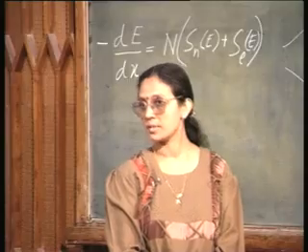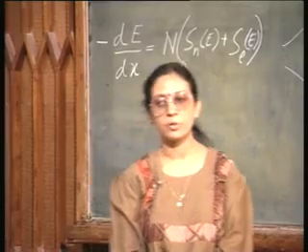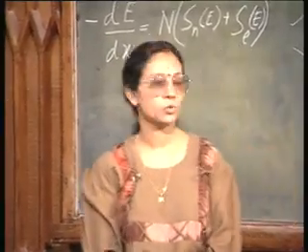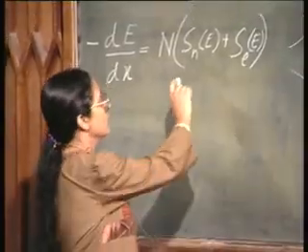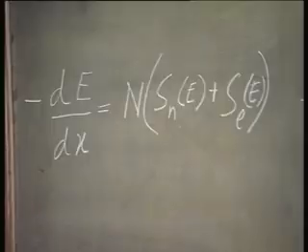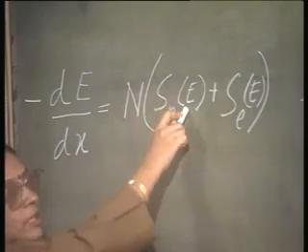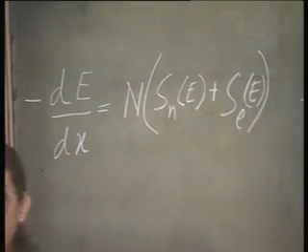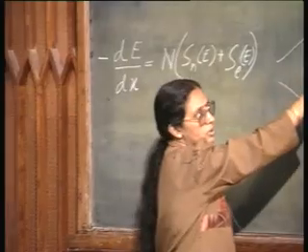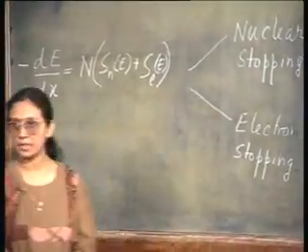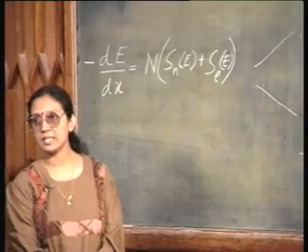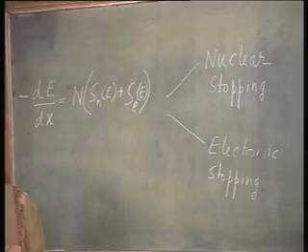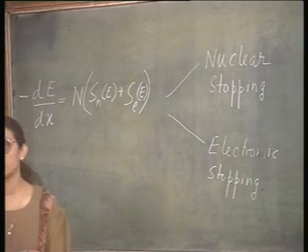That is why this term N comes into the picture. And these two terms, S_n as a function of energy and S_e as a function of energy, refer to these two stopping processes respectively. S_n is for nuclear stopping, S_e is for electronic stopping.